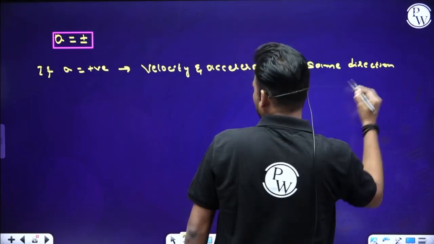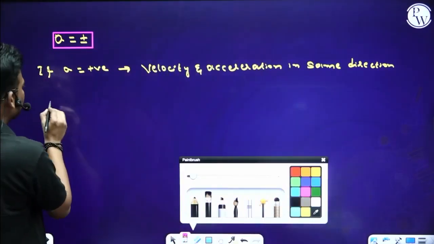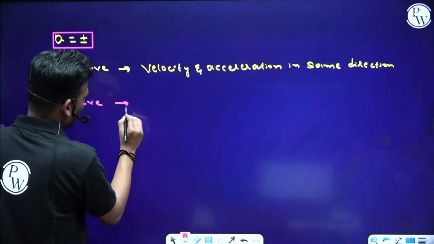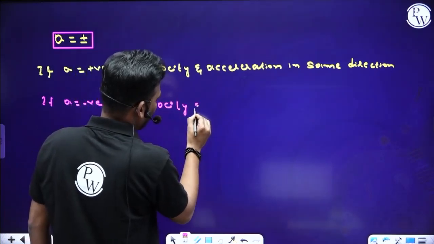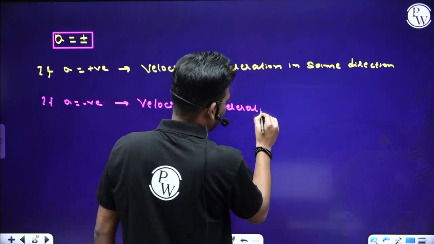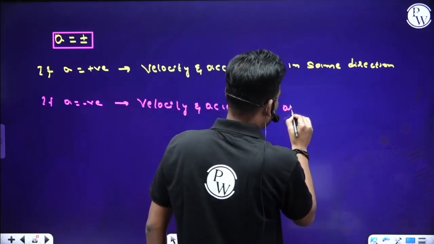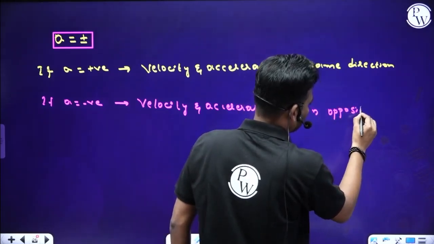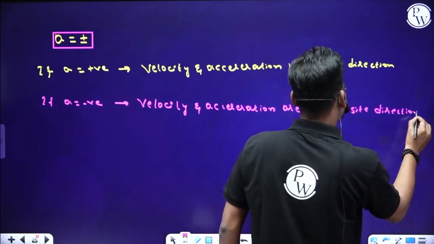Okay. Velocity and acceleration both are in the same direction. If A is negative, what does it mean? Velocity and acceleration are in opposite direction.